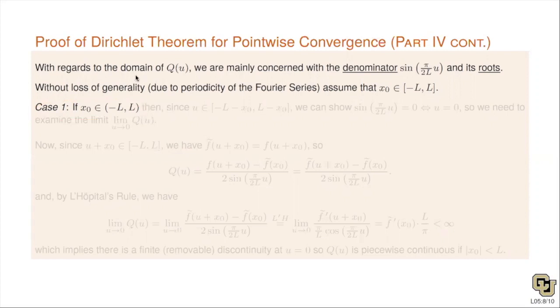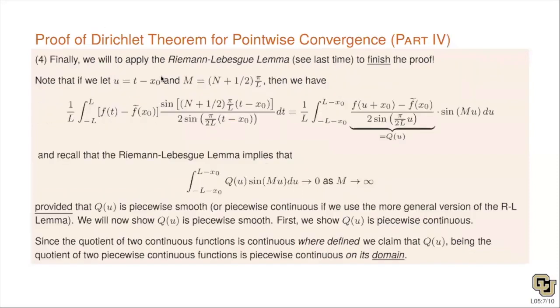And here I say, since U, so this very first step, I want you to just stop and think about. Okay, so let's slow down right here. I say U is in the interval minus L minus x naught to L minus x naught. So how do I know that? Let me backtrack here. I want you to look at this integral.